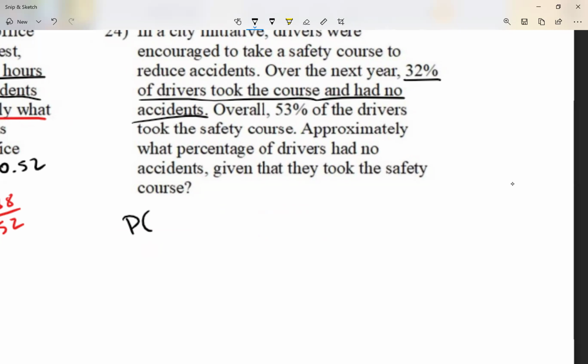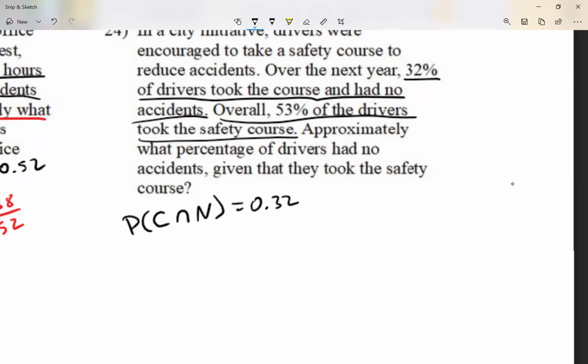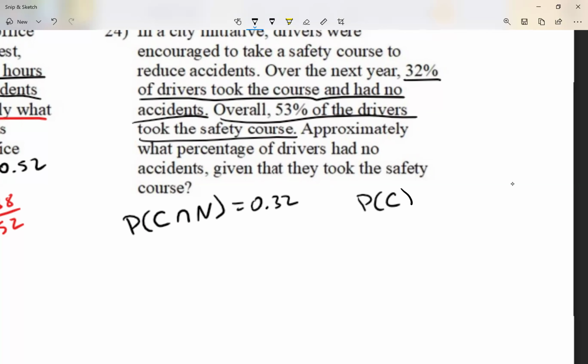They took the course, so I'm going to write C, and N for no accidents. So the probability that they took the course and had no accidents, let me write this as 0.32. Overall, 53% of the drivers took the safety course. So the probability that a driver took the course is 0.53.